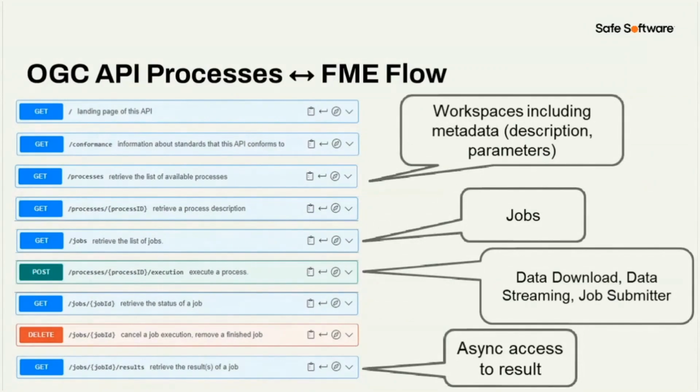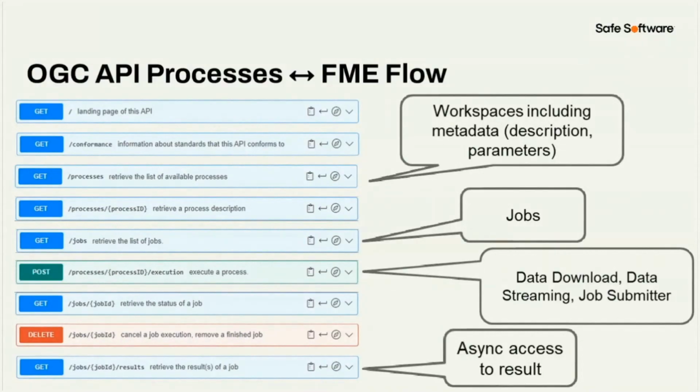And in the FME world, of course, this is just workspaces, right? So we have the description and parameters of all the workspaces that we need, and we can access all of them, but we can also query for individual processes. We also have an endpoint for jobs, which means we can list already executed jobs, which is exactly the same in FME. We have an endpoint to execute individual processes, which is a POST endpoint.